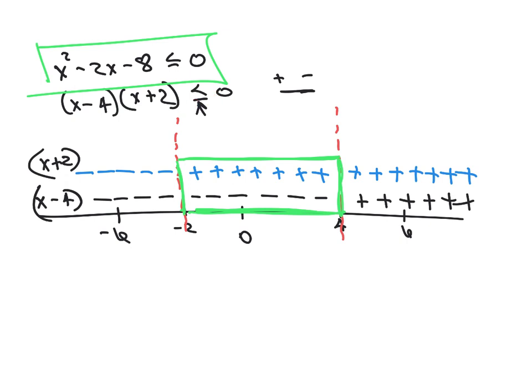Okay, so for my answer there, it should look like this. -2, you pick that, is less than or equal to x, which is less than or equal to 4. So there's my answer. Now see how quick and easy that was? I took one red line, the left-hand side, and put that number there.